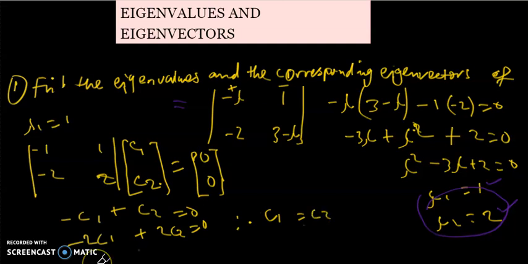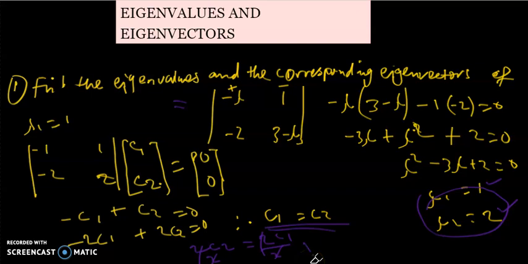Taking 2C2 equal to positive 2C1 and dividing by 2, C2 is equal to C1.